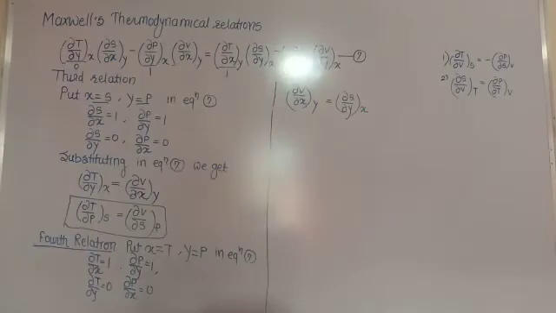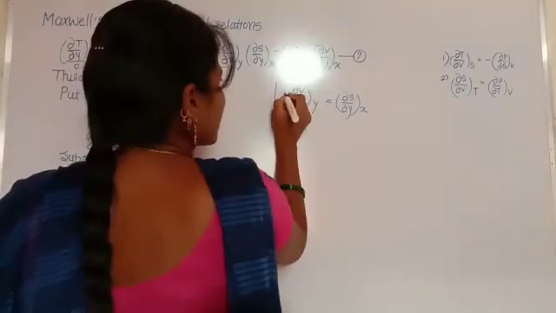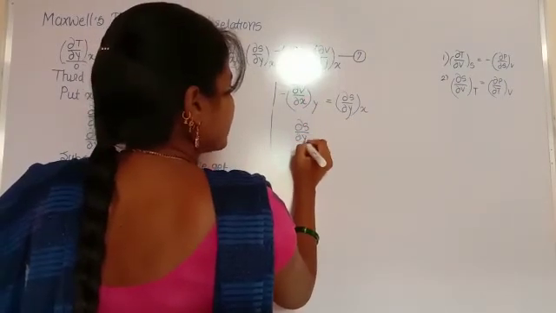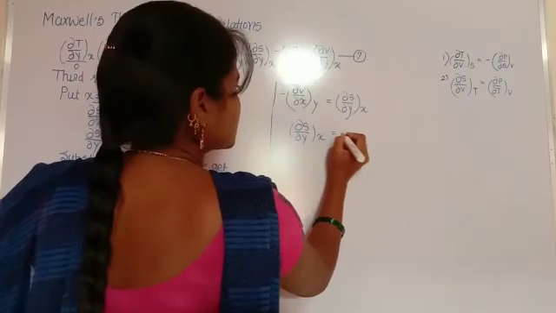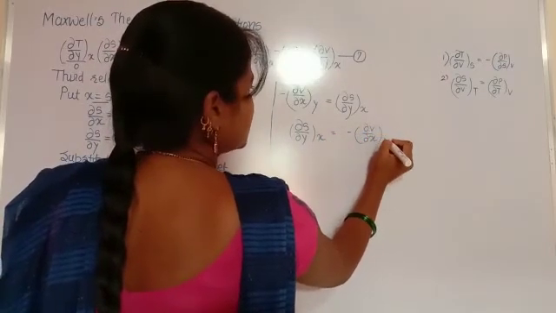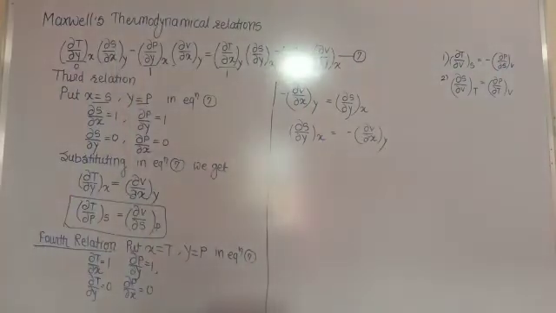Okay, and here's the minus sign here because one term has a minus sign, so that's why we write minus here. Which term? That is the v term, which becomes negative. So we write the opposite, that is del s by del y at constant x is equal to minus del v by del x at constant y. Okay.